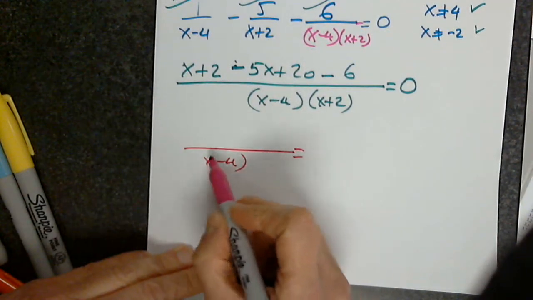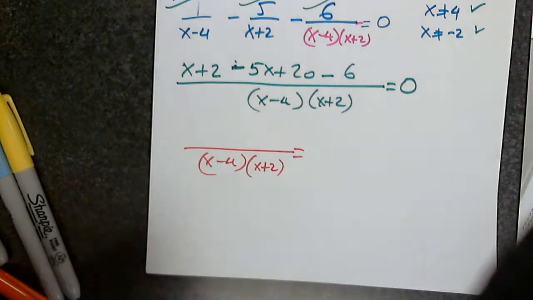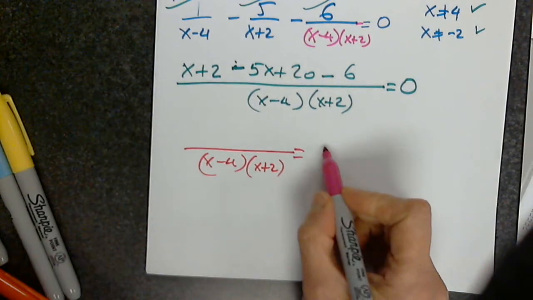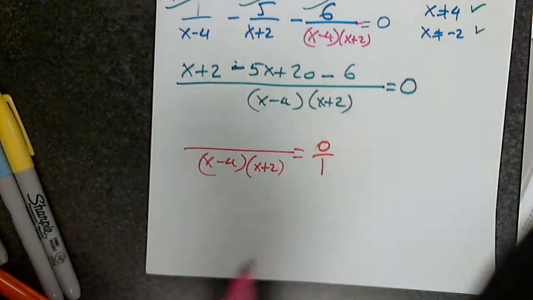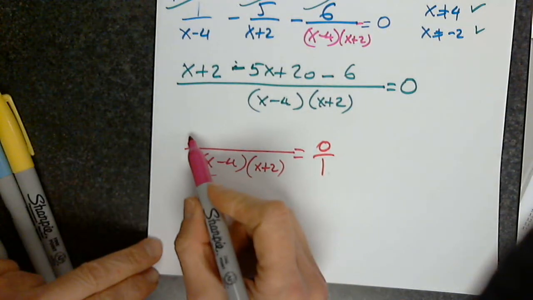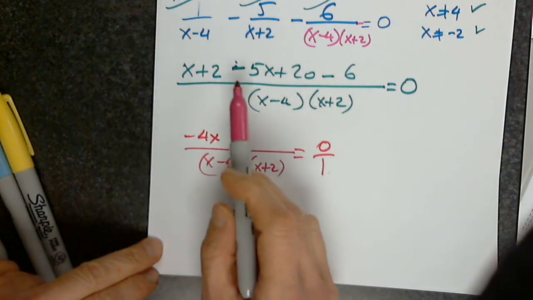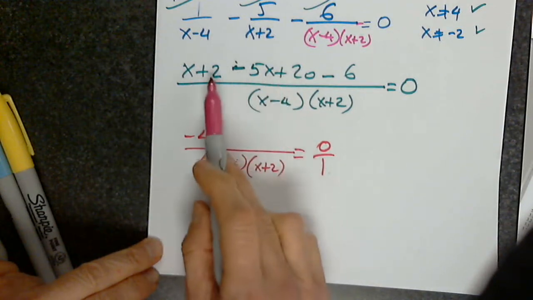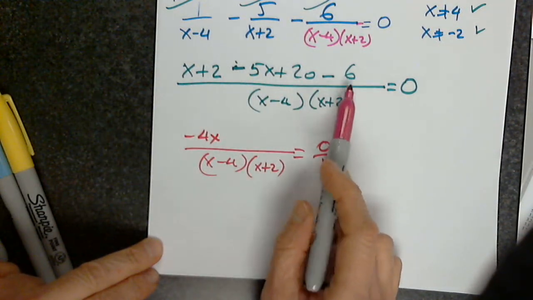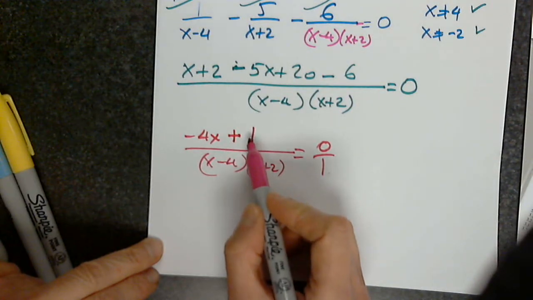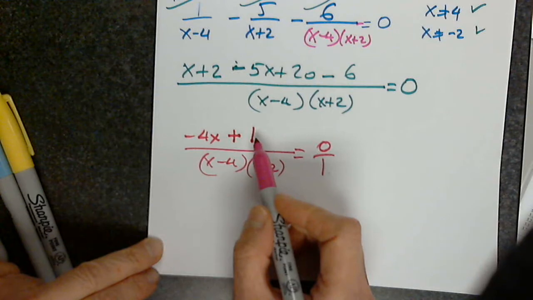So the denominator is this. What do I do with the right-hand side? 0 over 1. And the left-hand side at the top is? So this is 22. 22 minus 6.